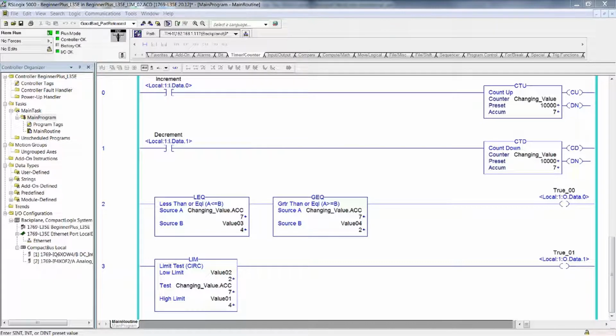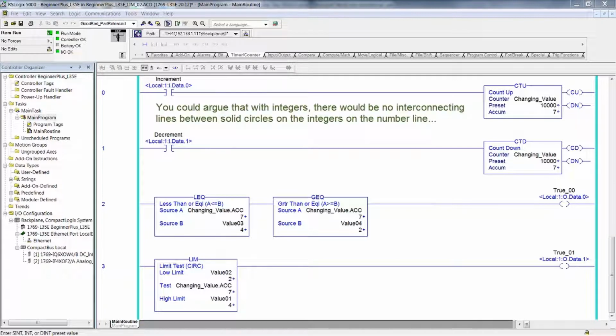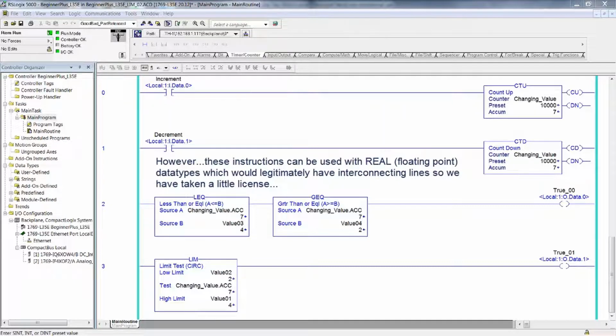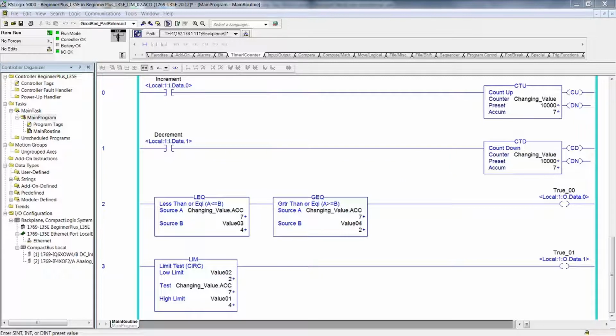How do those two rungs compare? Did they provide the exact same results? Yes, they did. They were identical. Did rung number 2 include value 3 and 4 in the true condition to make the rung true to energize the output?